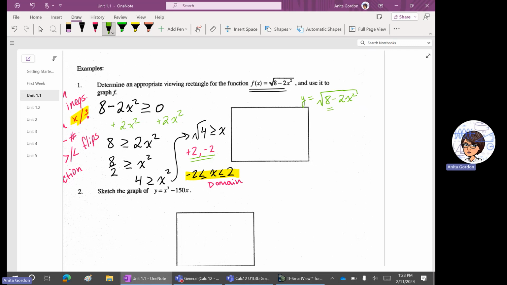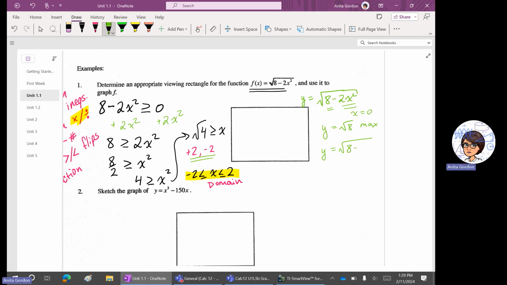If we didn't have to subtract anything from the 8. So how do we make this go away? We make x equal 0. y would equal the square root of 8. That would be our maximum possible value. And our minimum possible value will be when x equals 2 or -2, right?